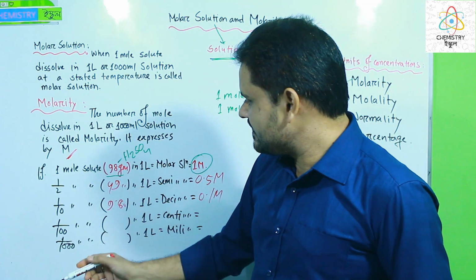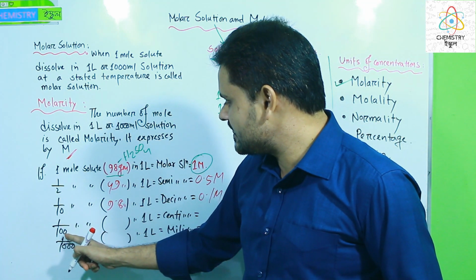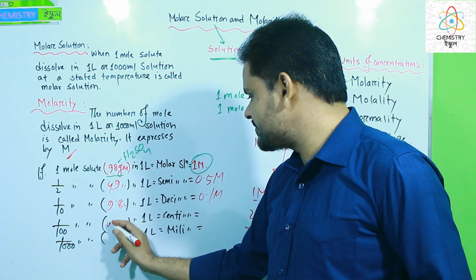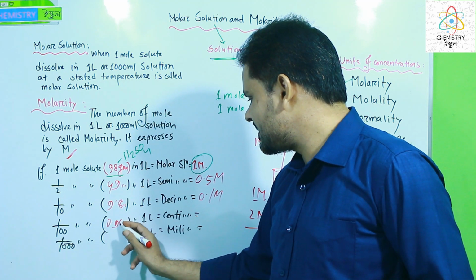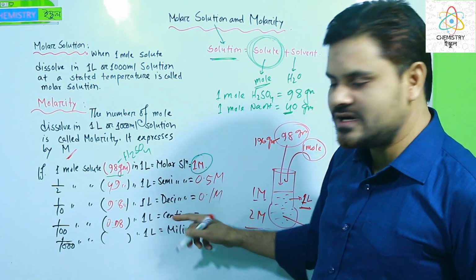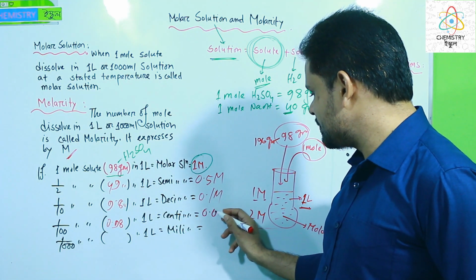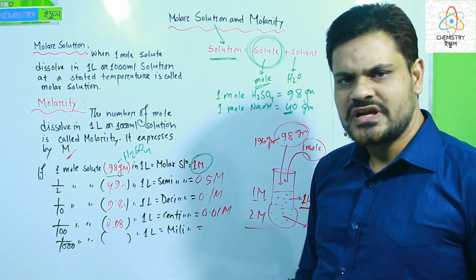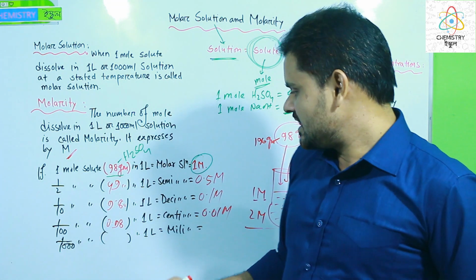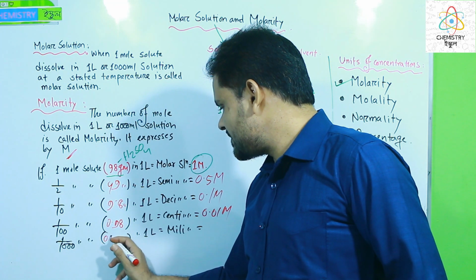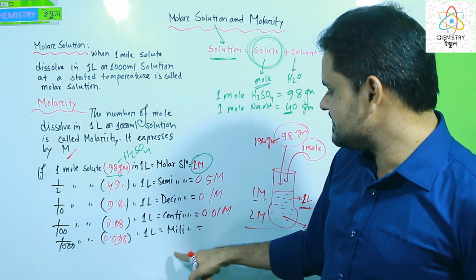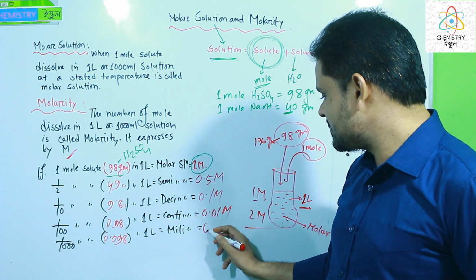And finally, if we dissolve 1/100 mole of solute, that means 0.98 gram of sulfuric acid, then it will be the centimolar and the molarity will be 0.01 M. And if we dissolve 1/1000 mole of solute, for sulfuric acid 0.098 gram, in 1 liter, then it will be the millimolar, and the molarity will be 0.001 molar.